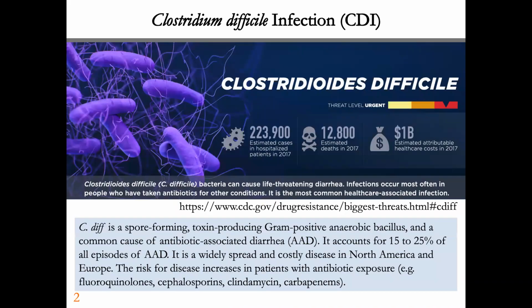I just checked the CDC USA yesterday, and I screenshot the information shown here. CDI is a serious problem, although in recent years the cases are coming down. The latest number from CDC is 2017: about 250,000 cases hospitalized in the US, and estimated deaths over 12,000. Of course, it costs a lot of money.